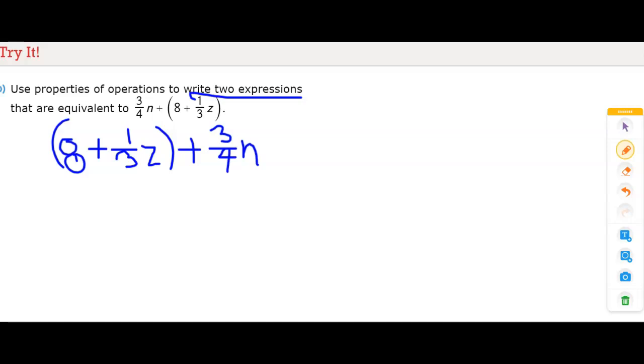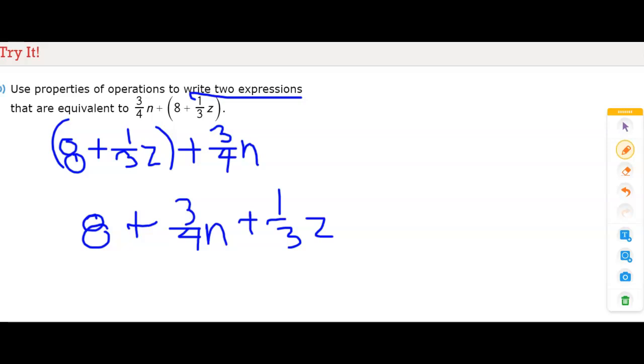So we can take 8 plus 3/4 n plus 1/3 z. So just putting it in a different order, putting parentheses around those two, is the associative property. The commutative property. So we still have an equivalent expression.